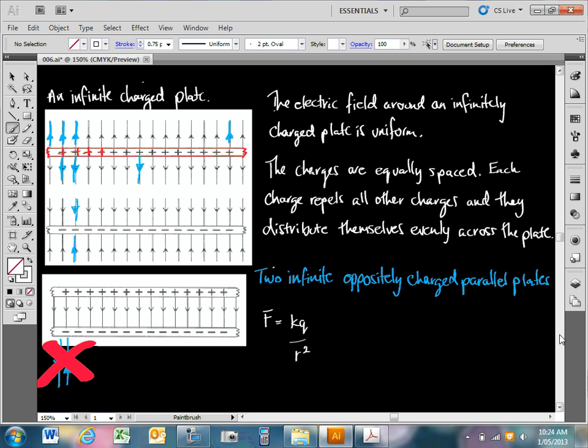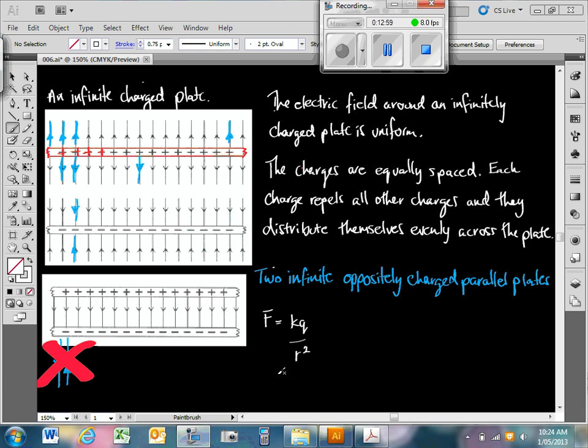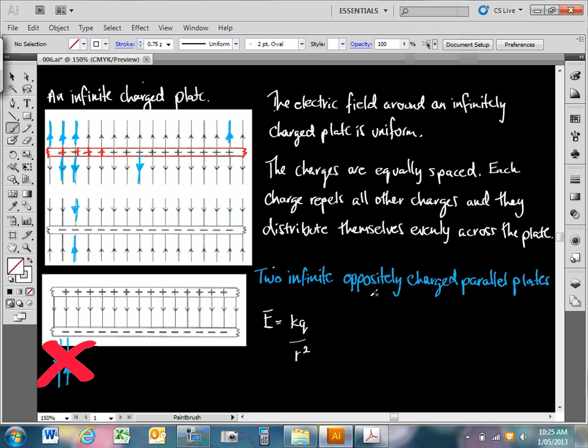Hang on a second. The electric field strength is KQ on R squared. So it varies. It varies due to this value of 1 on R squared. So the further you get away, the weaker the field strength.